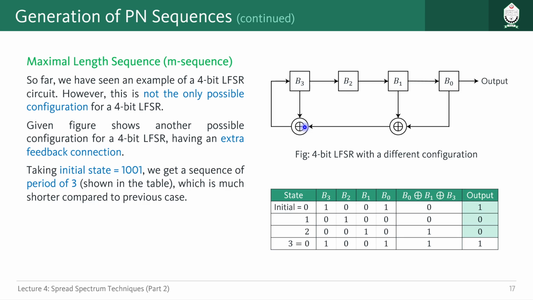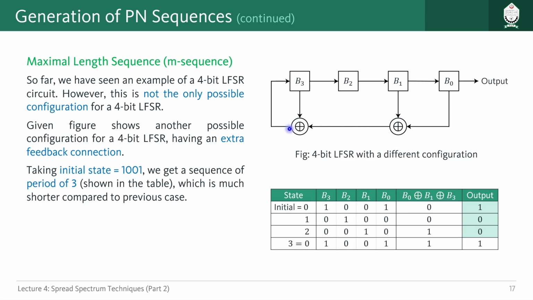Let us take initial state 1 0 0 1 for this 4-bit LFSR. Then using this table we can understand how in each clock pulse the values will change, right? So our initial state is 1 0 0 1, and we have to calculate the result of B0 XOR B1 XOR B3, right?